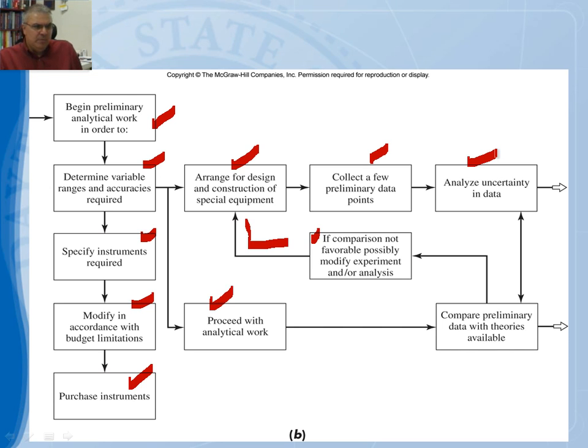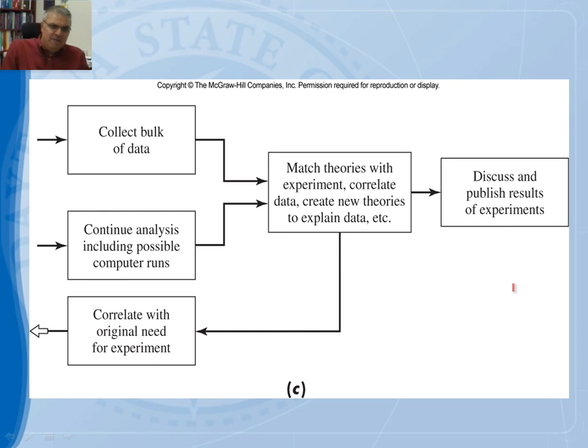And so, again, each stage is very important. The information that we gather at each stage is used as feedback to go back to some other stages to constantly correct and modify the experiment if necessary.